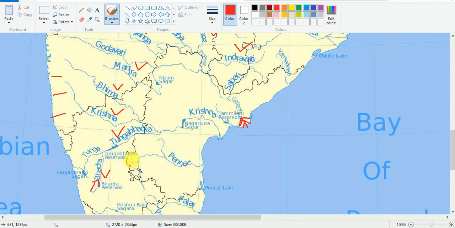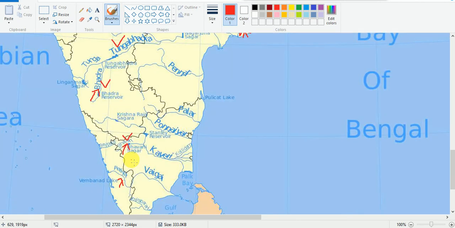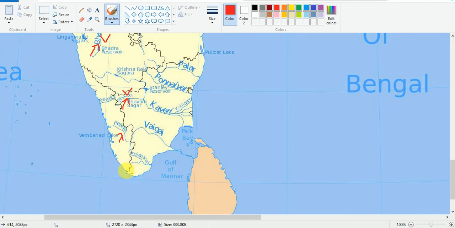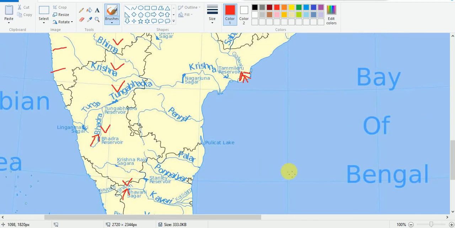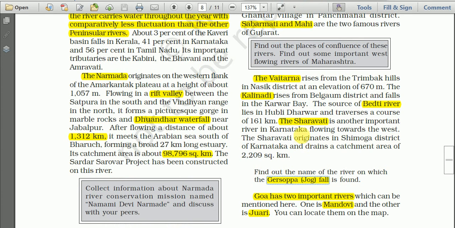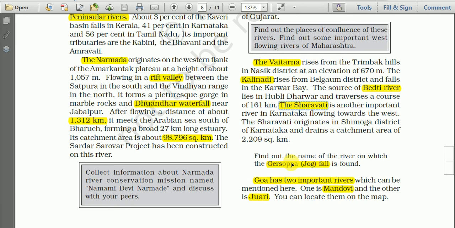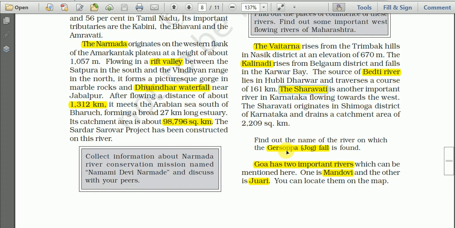You may consult an atlas, a student atlas. And remember this Sharavati forms the highest waterfall in peninsular India, that is the Gersoppa or the Jog Falls.